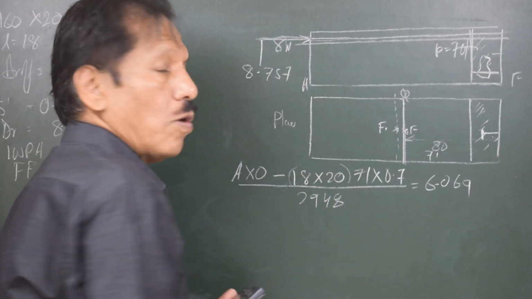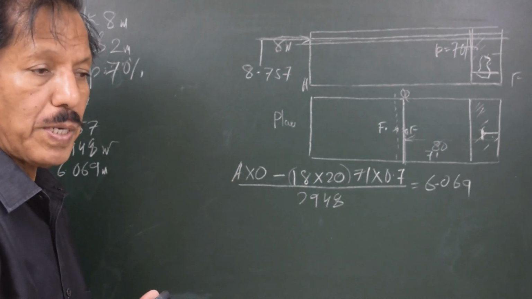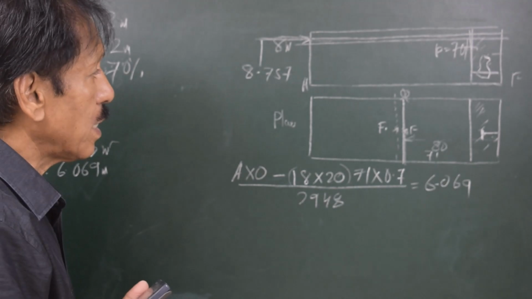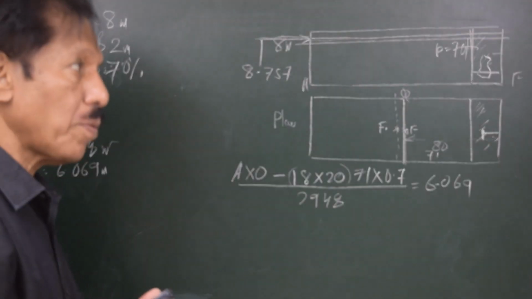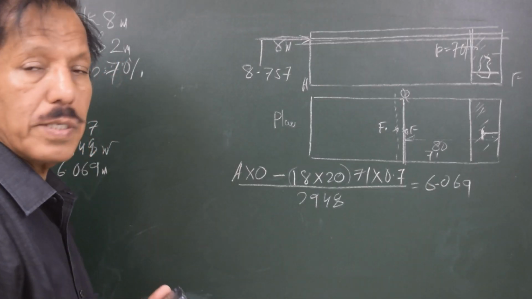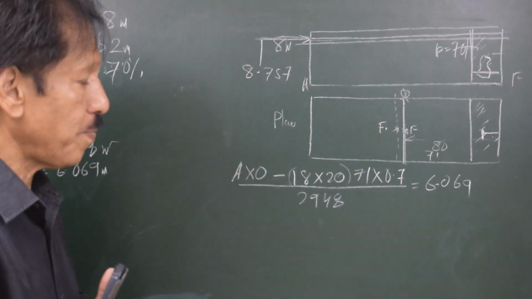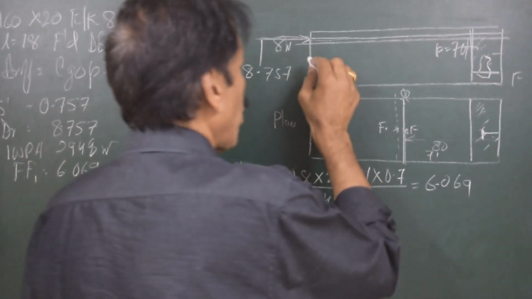We take the moment of the volumes about the aft, and our typical procedure is we find out the total, and from there we subtract the lost quantity to find out the residual quantity. So let us take the moment of these volumes about the aft.